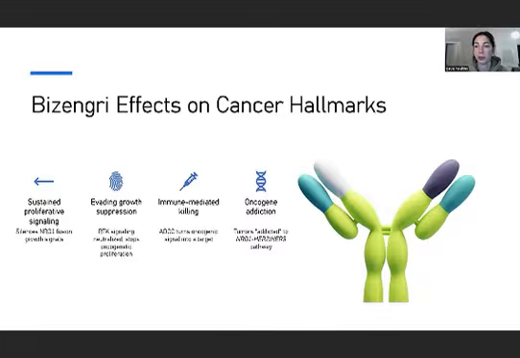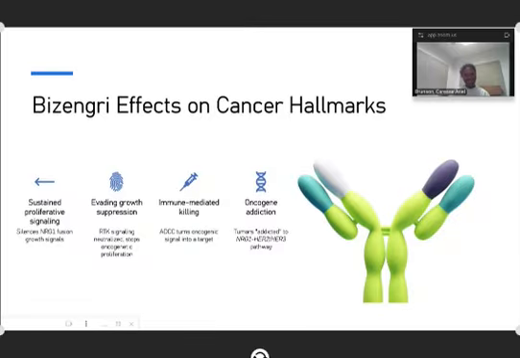We need to induce apoptosis. So it is bringing in our immune system to actually attack the cancer cells while being a physical block on the cell itself. And lastly, we have that oncogene addiction, where these tumors are reliant on that HER2 and HER3 heterodimerization pathway. So if we cut off its pathway, it has no way to continue to divide and survive.